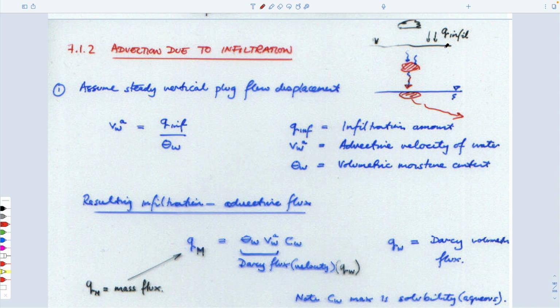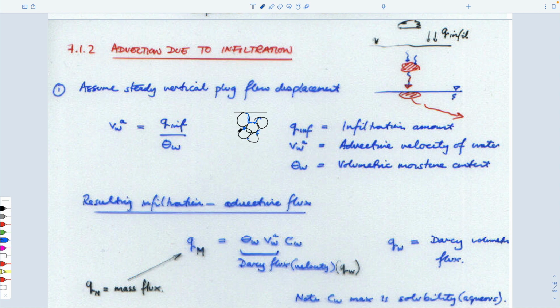Well, I guess by definition, the infiltration rate is the amount that goes into the subsurface, but divided by the volumetric moisture content. So this is assuming that in the subsurface you'd have a whole bunch of grains, and around these grains you'd have this saturation of water, which is pretty sparse.